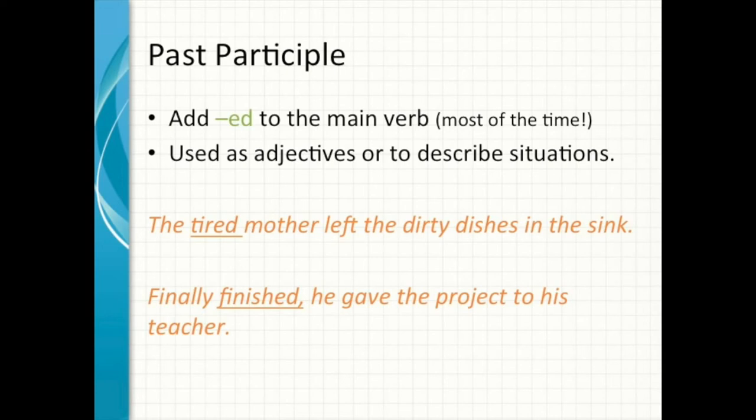Tired is a form of the verb tire, but in this case it's describing the mother, so it's acting like an adjective. Next, finally finished, he gave the project to his teacher. Finished is describing the situation by using the ed form of the verb, which is the past participle.